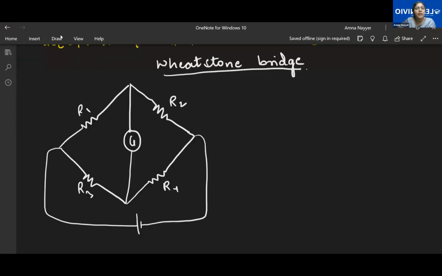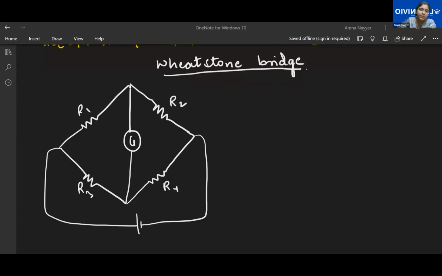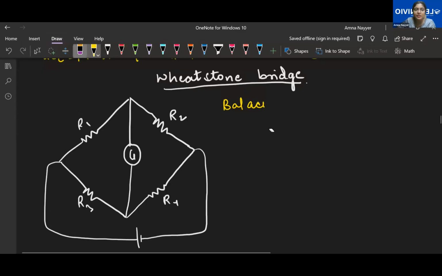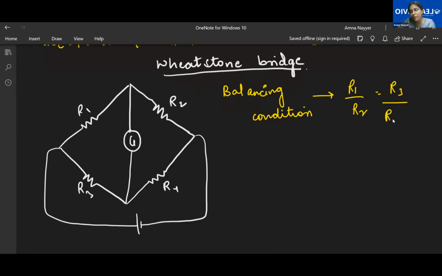All right, so we were discussing Kirchhoff's law and we've almost discussed the entire portion. We just have a derivation of the Wheatstone bridge. In the capacitance part, I discussed with you that the balancing condition of a Wheatstone bridge is when the ratio of R1 by R2 will be equal to R3 by R. This is what is meant by the balance condition.